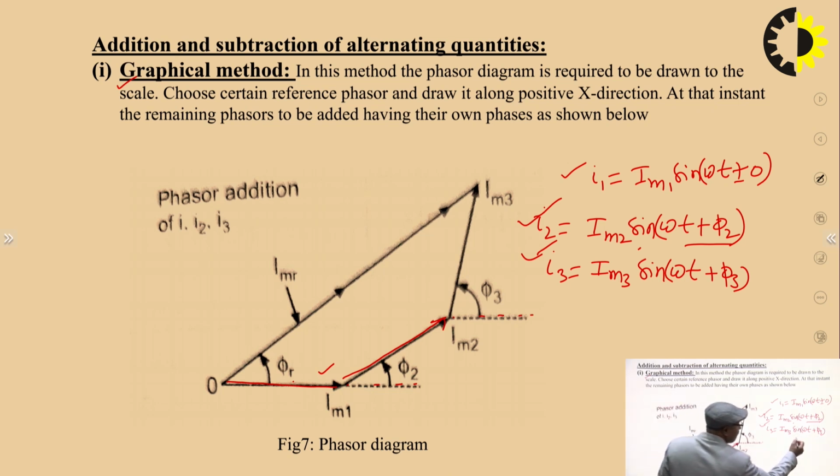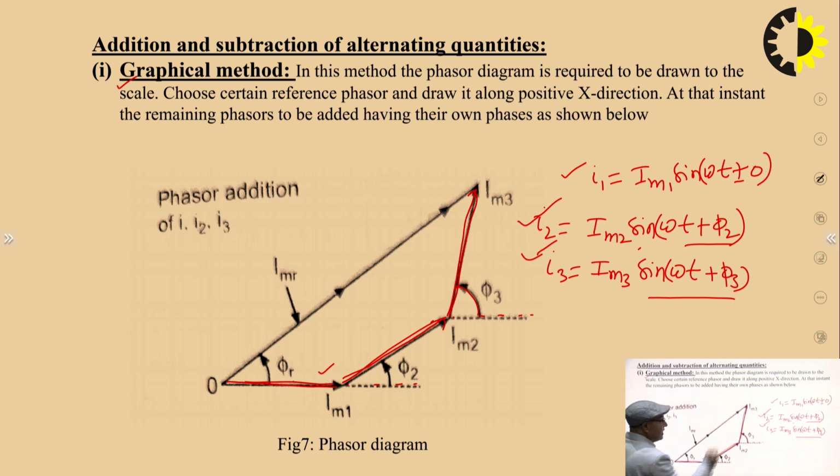The phase angle of the third quantity is phi 3, so we draw phi 3 here, drawing all these quantities to scale. This line or vector will represent the sum of this and this.